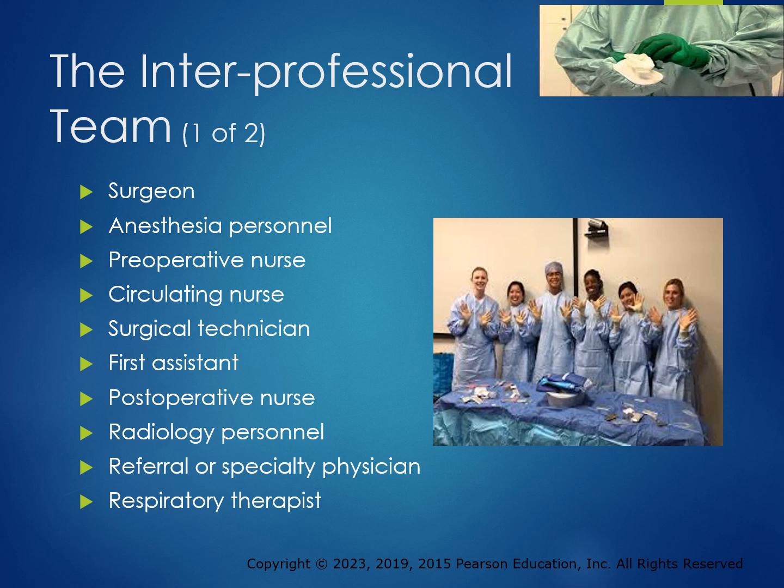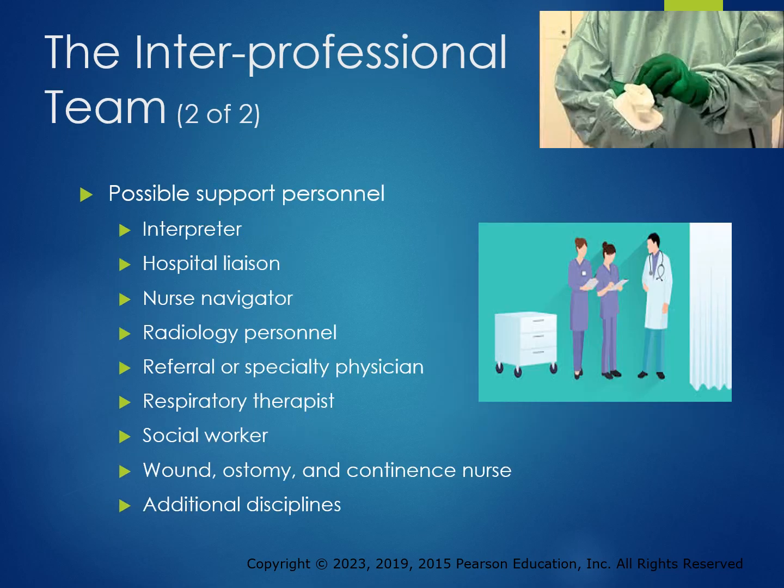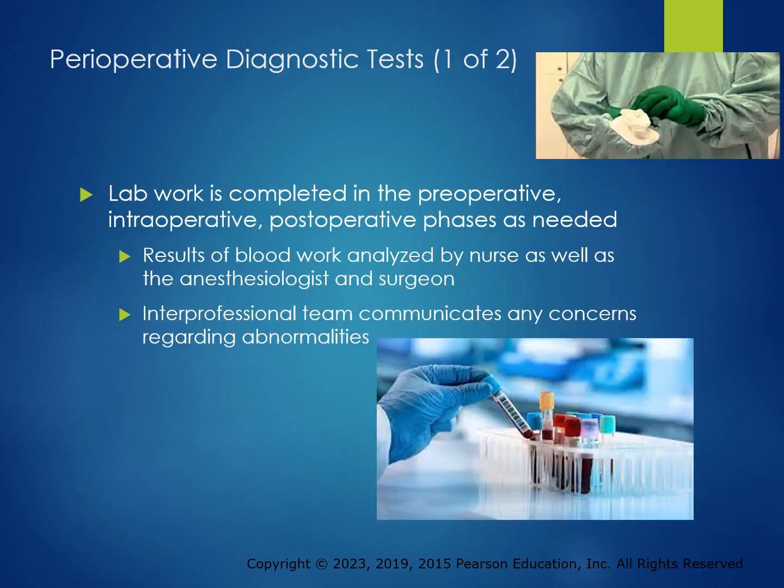The respiratory therapists assist in maintaining the patient's airway. Again, most of the time, if you're under general anesthesia, you're intubated. Social worker, of course, helps to follow up with discharge planning. The wound care nurse, or your WOCN nurse, and then other additional people on the team. And that's on page 1388.